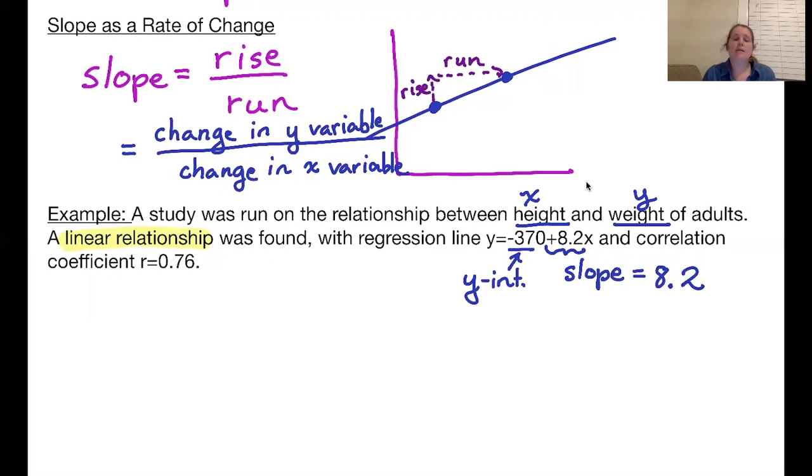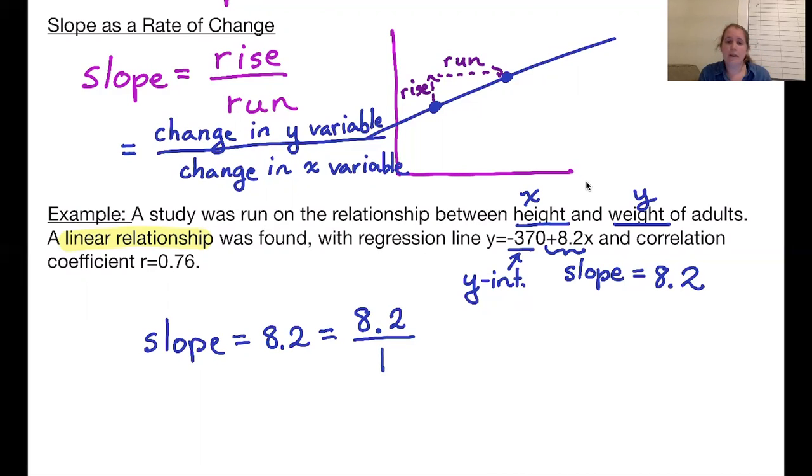Now, when we talked about the rate of change, we had it written as a fraction, change in y variable over change in x. We can always rewrite any number we want by throwing a 1 underneath. So we have a change of 8.2 in our y variable for every change of 1 in our x variable.